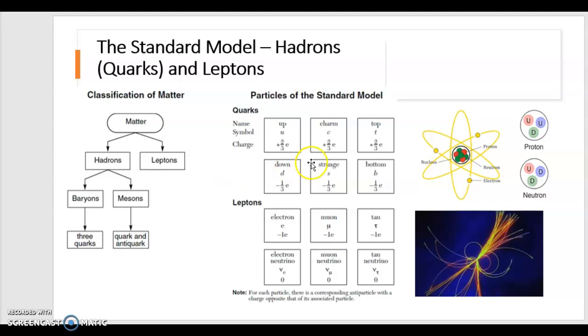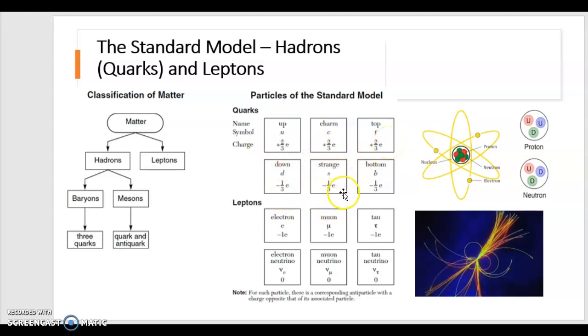So the question is, what are these things over here? What are these things in the second column, the charm quark and the strange quark, the muon and the muon neutrino, and in the third column, the top quark and the bottom quark, the tau and the tau neutrino? Well, if you look across each row, you'll notice that the up quark, the charm quark, and the top quark all have the same charge, plus 2/3.